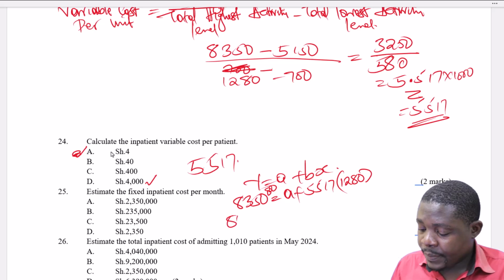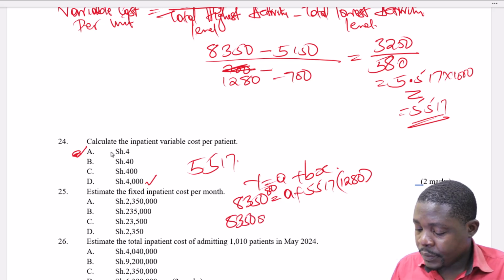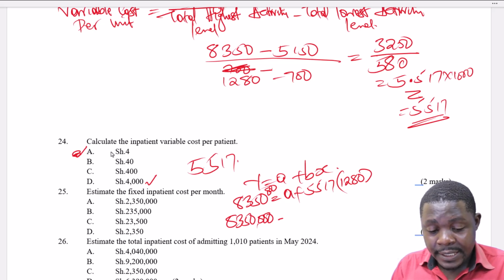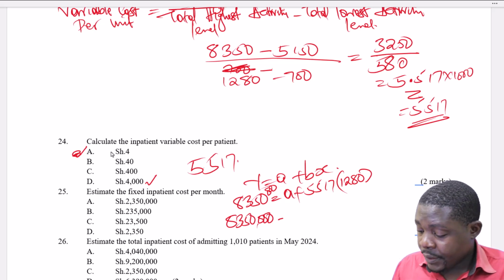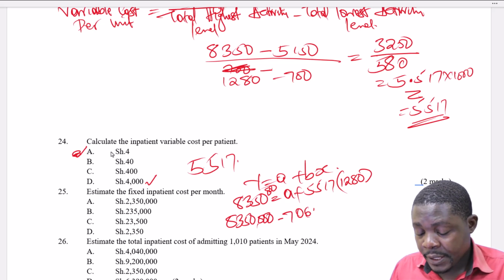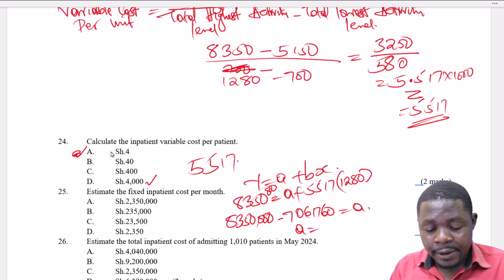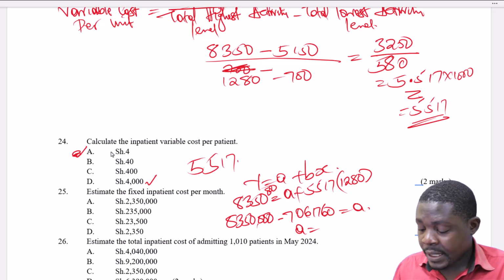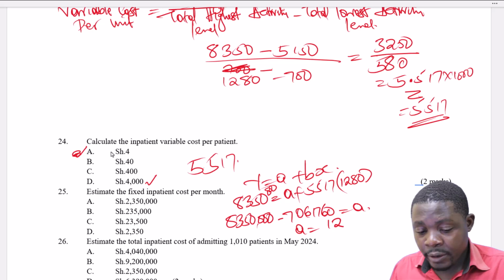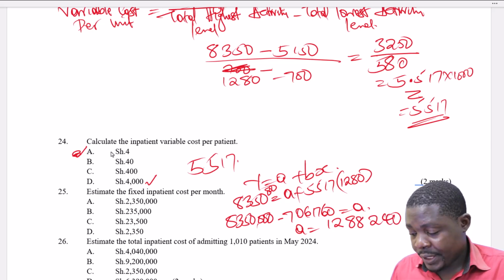In that case, it will be 8,350 minus 5,517 multiplied by 1,280. You get 7,061,760, and A alone will be 8,350 minus that answer. The answer should be closer to 1,288,240.